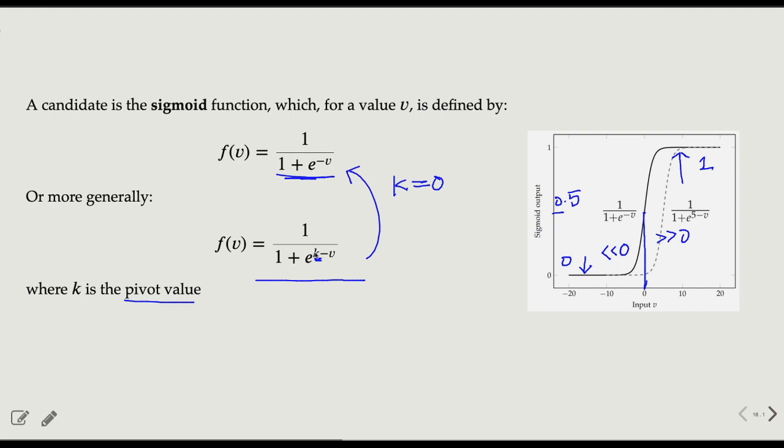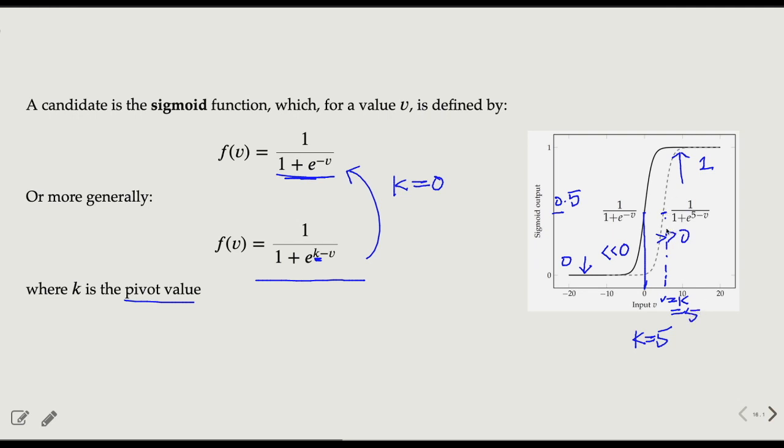Now, if we have a k here, such as k equal to 5, the middle value is when v equals k, which is 5 in this case.